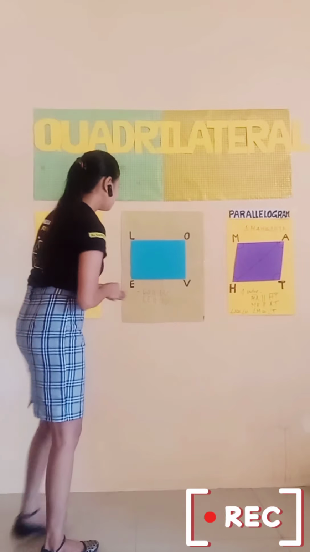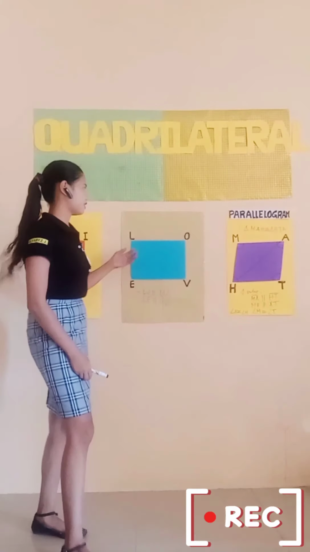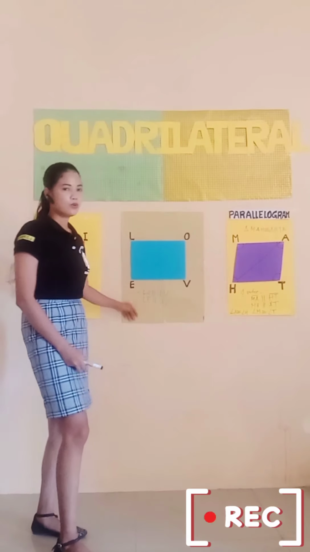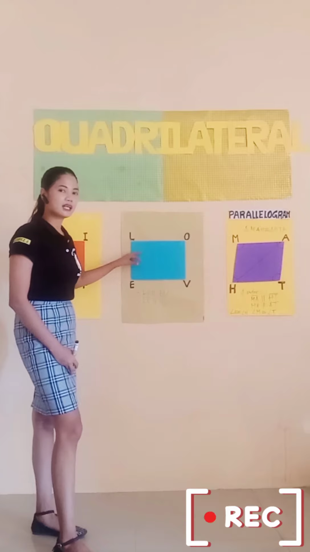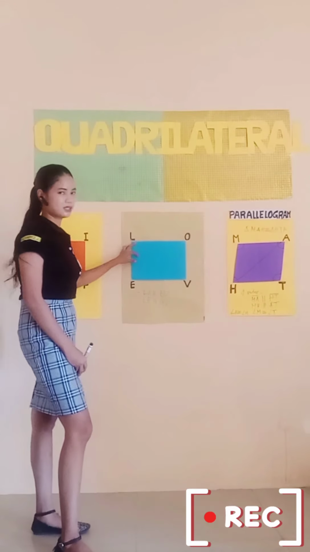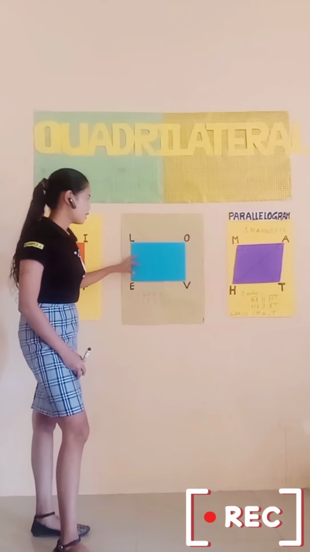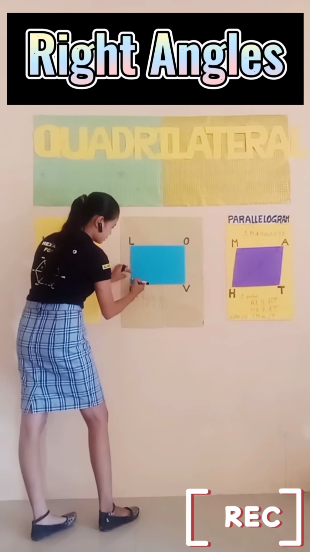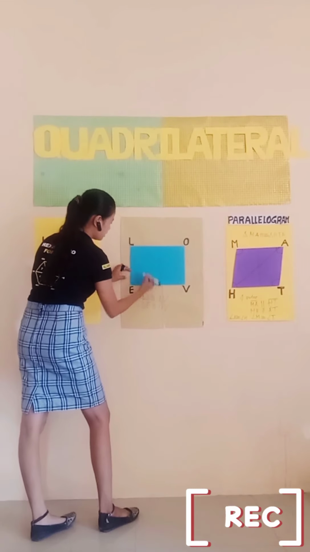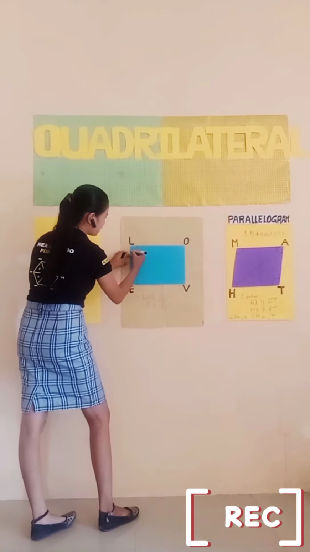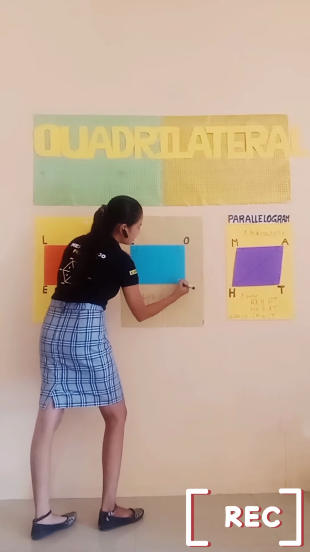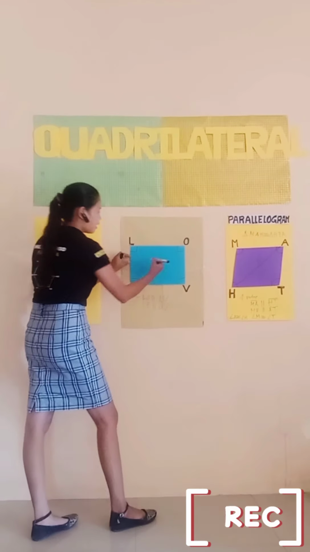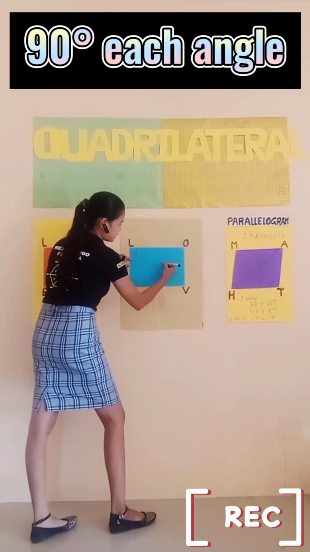And what made this figure special? It is clearly seen that the angles of this quadrilateral are right angles, such as angle E, angle L, angle O, and angle V. They are all equal to 90 degrees.